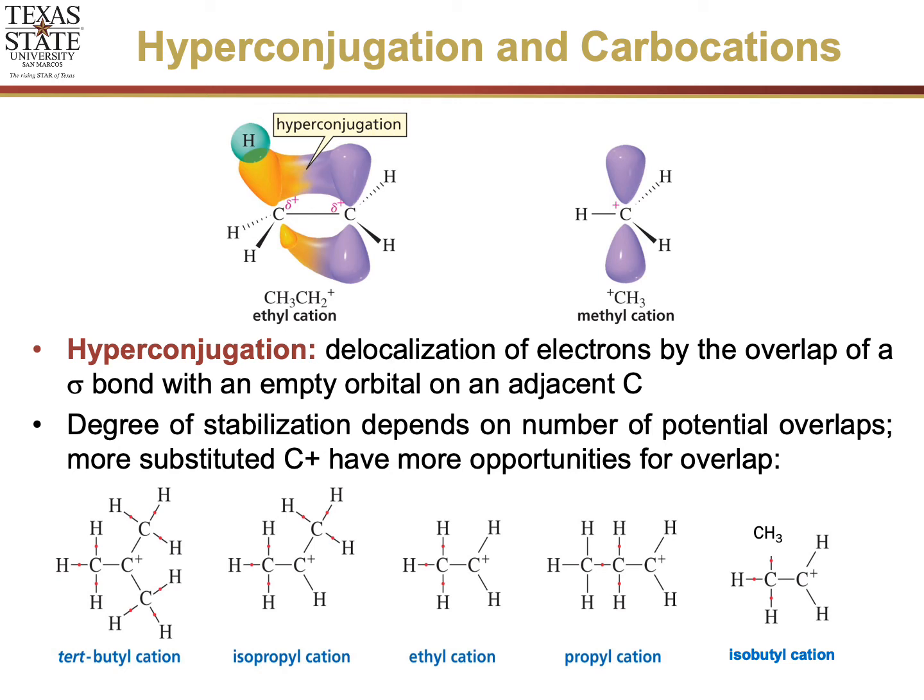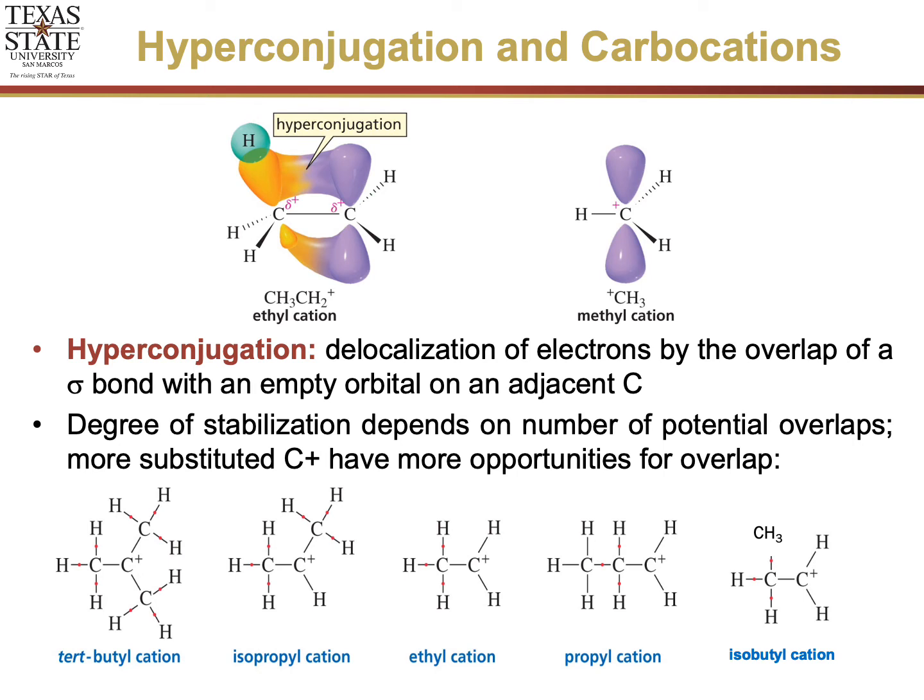Now, hyperconjugation also plays a role here, in the fact that you have the sigma bond between the carbon and the hydrogen, and although each of those bonds is sp3 hybridized, they can still partially overlap with that empty p orbital on the sp2 hybridized carbocation carbon. So what we can see here is there's a little bit of pi overlap between the sp3 hybridized orbital and the empty p orbital. When you have a tri-substituted cation, you have that hyperconjugation through 3 different bonds possible.